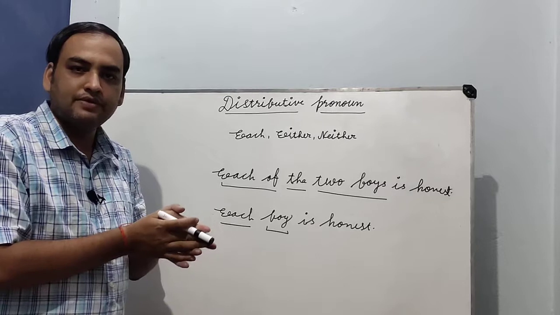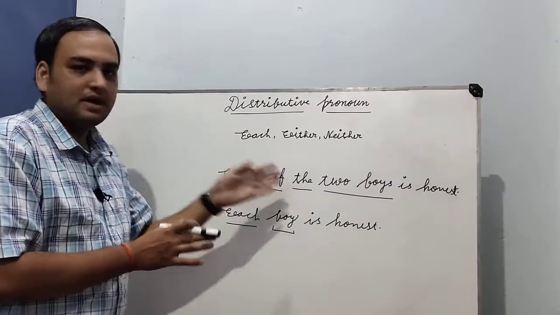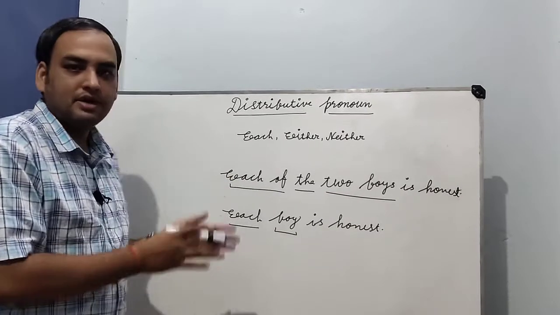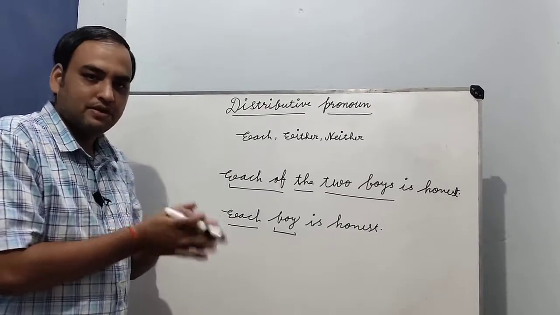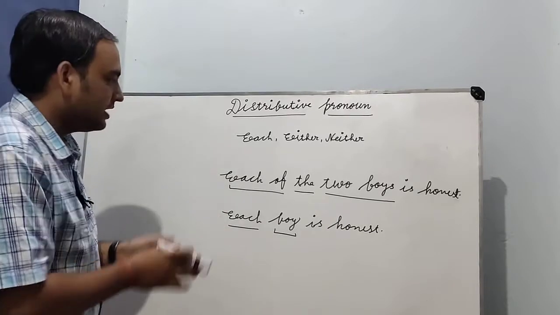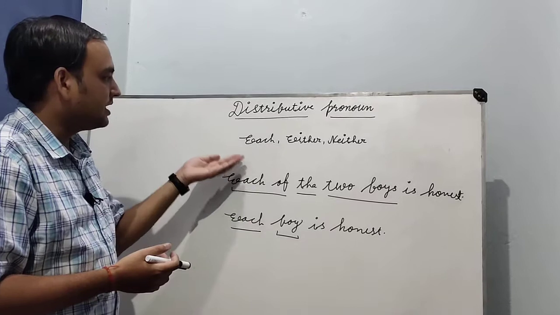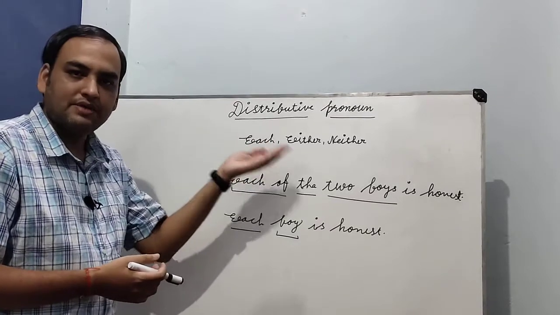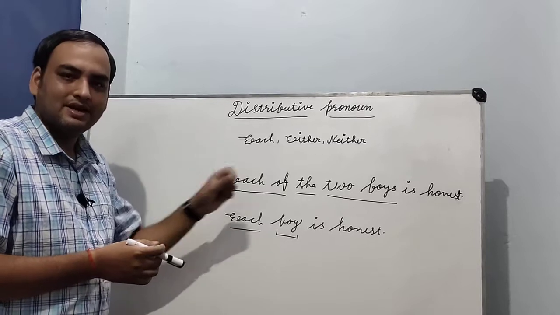So students, we must not be confused in the use of distributive pronoun and distributive adjective. Okay, so it is crystal clear for you as I explained here. Now I will explain these distributive pronouns one by one, and you will be able to learn them clearly.